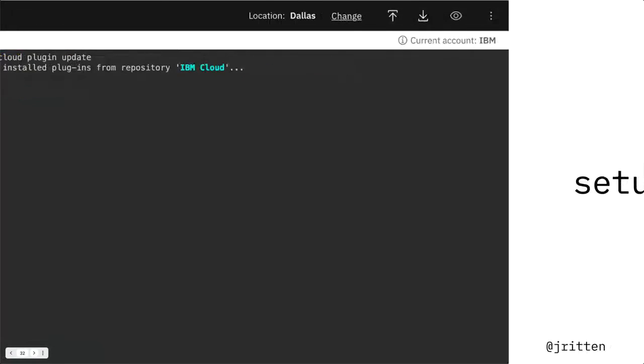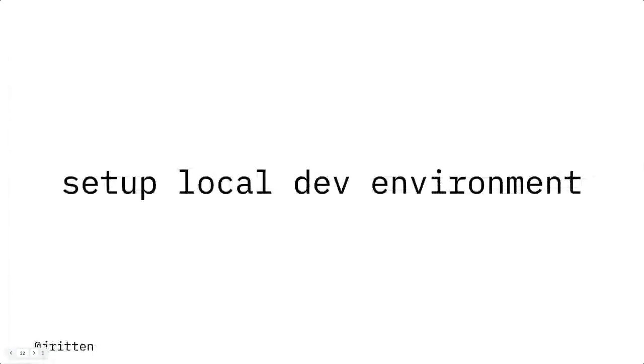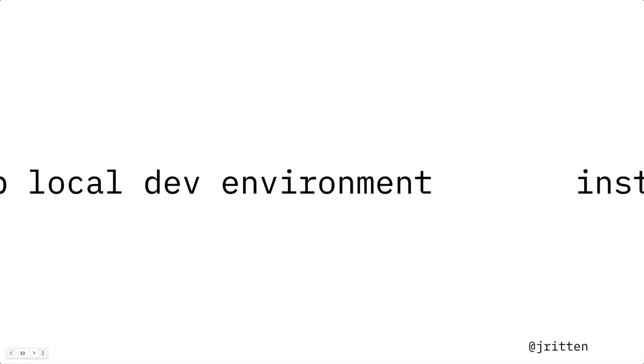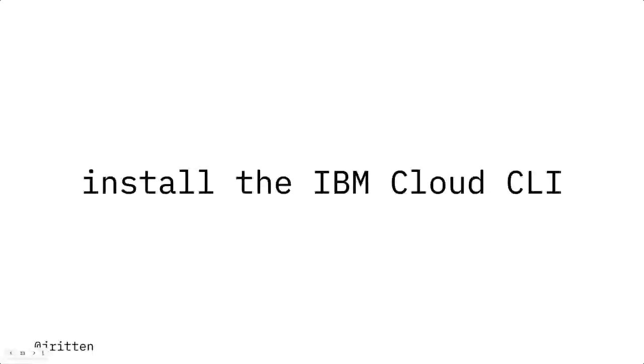What I'm going to do is walk through the local dev environment. The first thing you're going to need to do is install the IBM Cloud CLI. If you want to follow along, go ahead and access the slides. I'll drop them again for you.